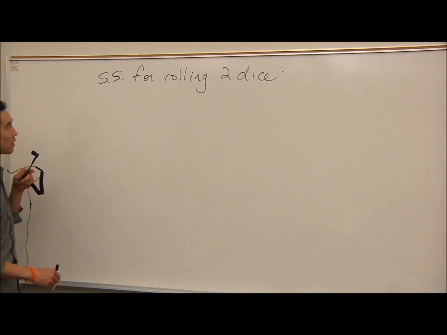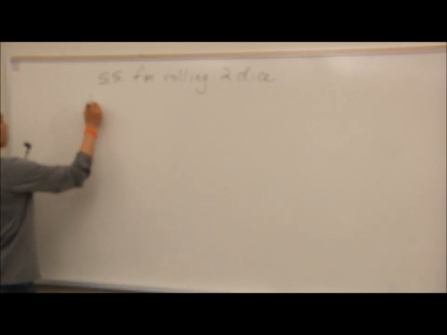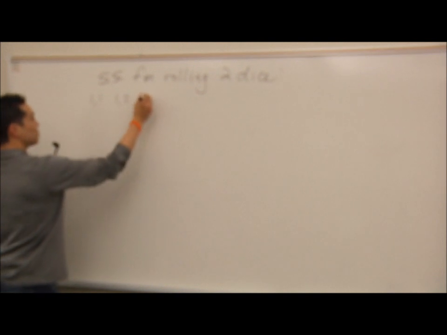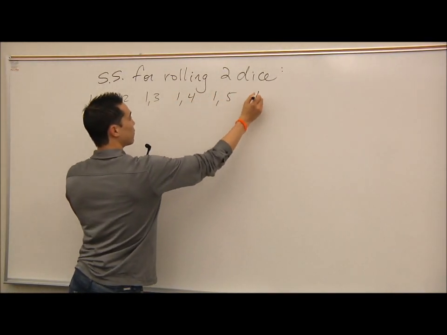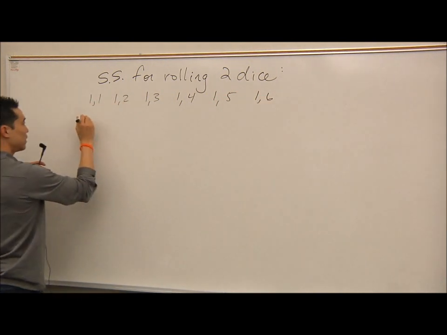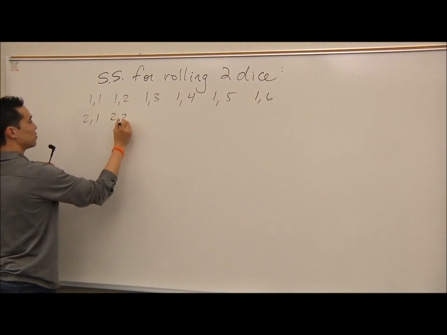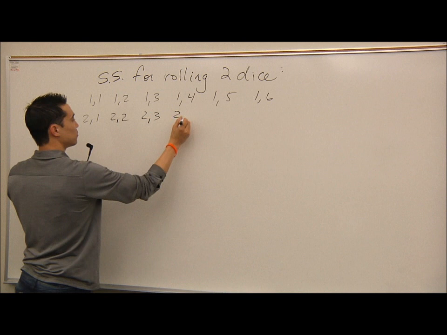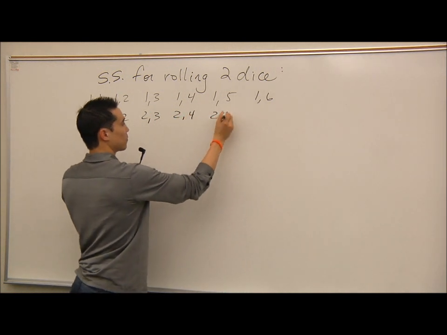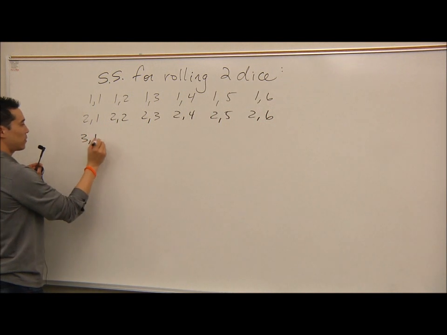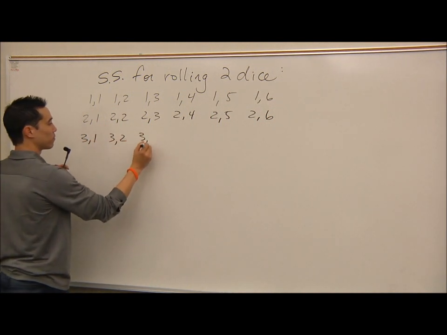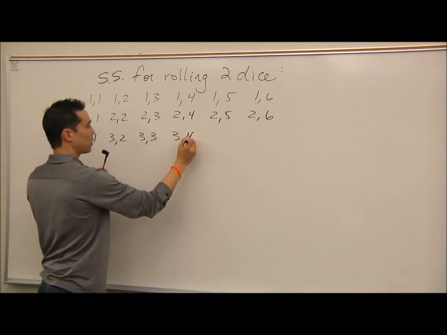Okay, but I want to systematically do this. So, 1 and 1, 1 and 2, 1 and 3, 1 and 4, 1 and 5, 1 and 6. 2 and 1, 2 and 2, 2 and 3, 2 and 4. Okay, I think you guys recognize the pattern. 3 and 1, 3 and 2. On and on and on.